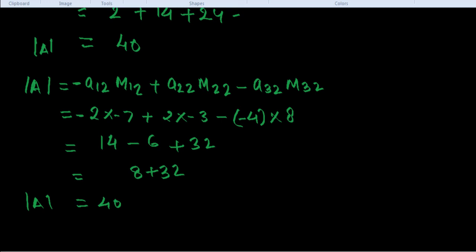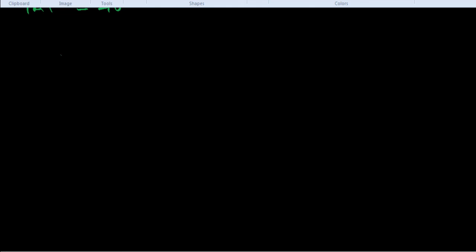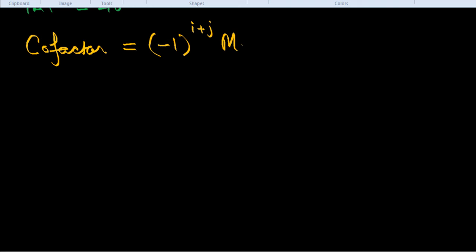So this is the way to find the minor. Now we study the cofactors. Cofactor is minus 1 to the power i plus j times the minor.